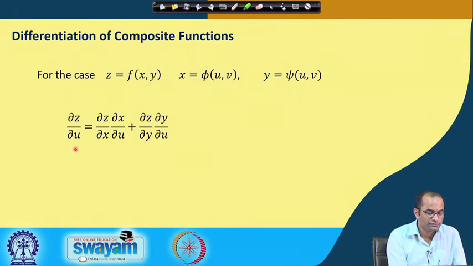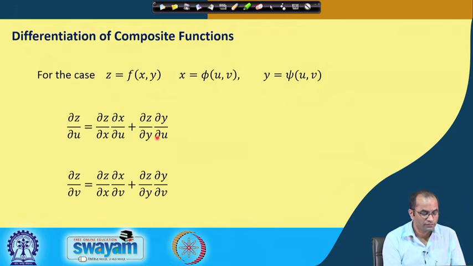We can use this formula: the partial derivative of z with respect to u is equal to the partial derivative of z with respect to x times the partial derivative of x with respect to u, plus the partial derivative of z with respect to y times the partial derivative of y with respect to u, because we are differentiating z partially with respect to u. So, here the u will come and here also the u will come.